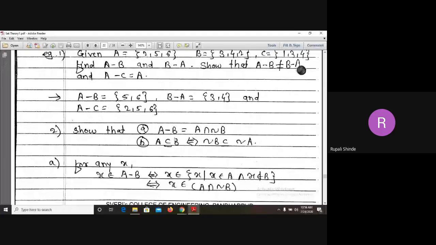Yes, ma'am. Okay, so take down the proof for A minus B equals A intersection negation of B.